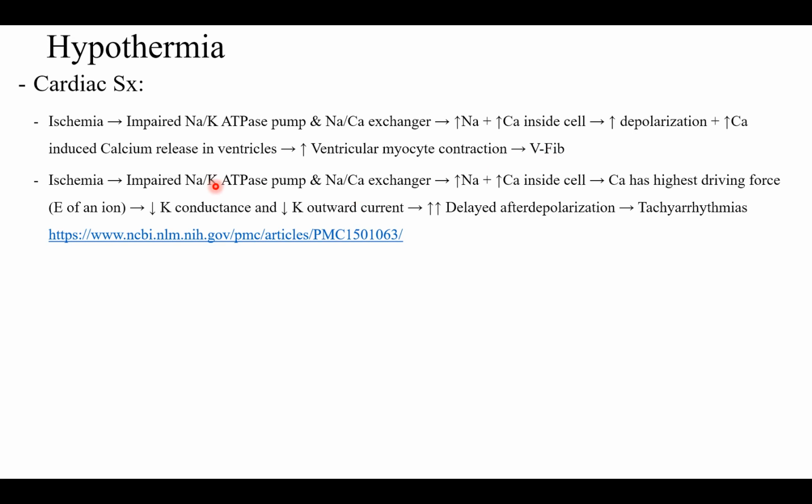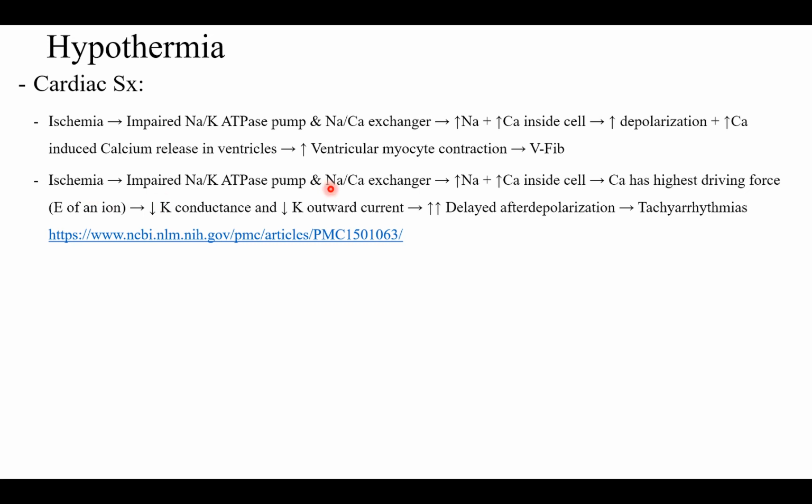So these are different ways cardiac manifestations can occur. You can have ventricular fibrillation in this way, and you can have ventricular fibrillation due to circus movement of action potentials. I'm going to show you how you'll have cardiac manifestations.